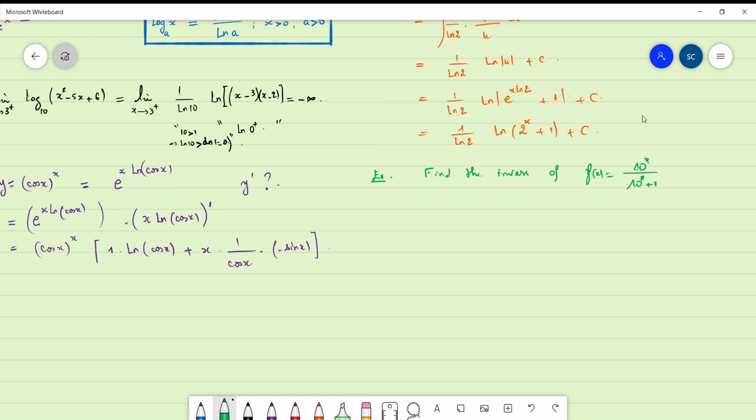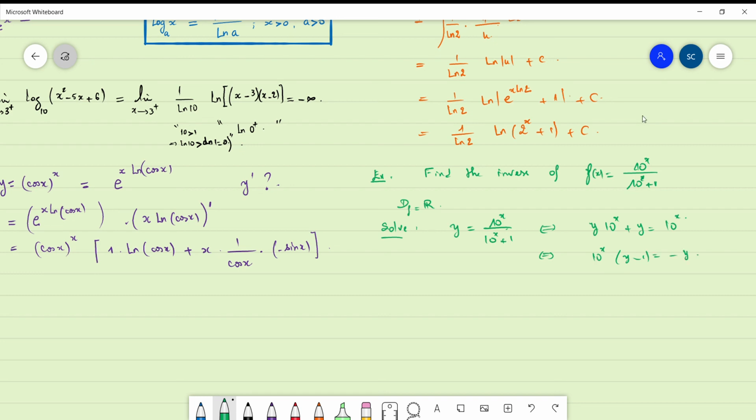So the domain of f here is R, clearly. But the range, we don't see it clearly. So let's try to solve the equation. So y equals f(x). The idea of finding the inverse function is expressing x with respect to y. So just do it like that. y times 10^x plus y equals 10 power x. Isolate x, so I will have 10 power x times y minus 1 equals minus y.